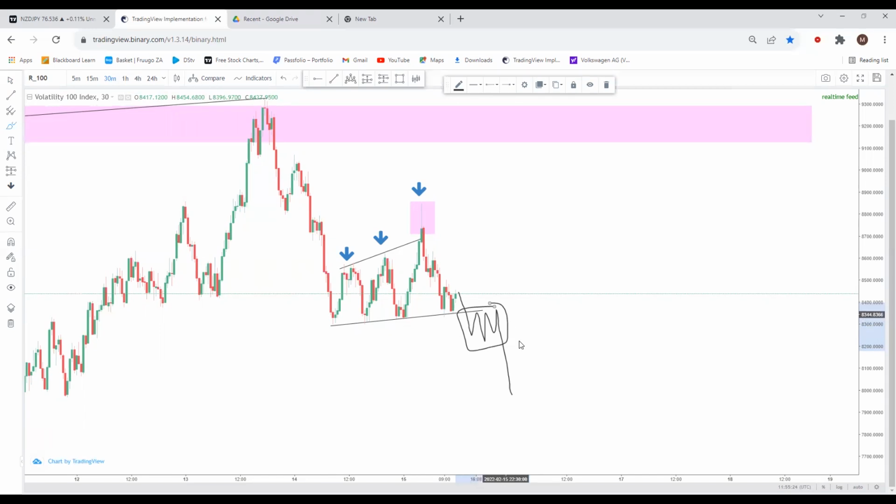That will be our second entry, because if we enter where it is right now, the market could go back up and get influenced by this double top right here, and then continue going where it was going.